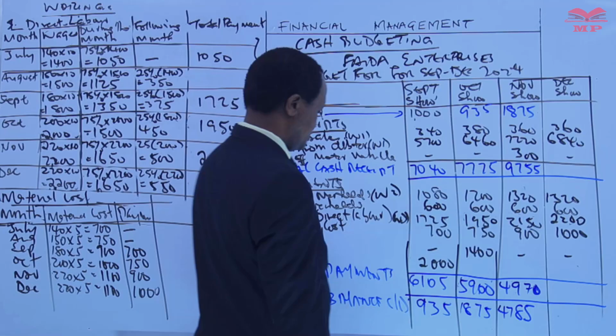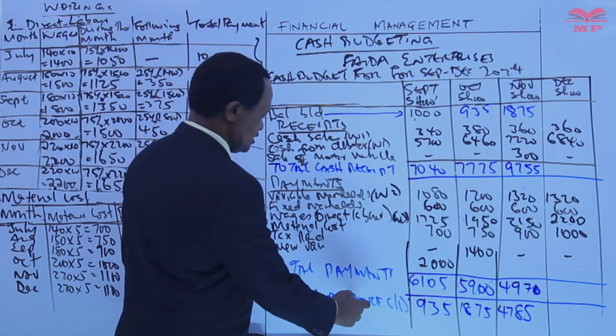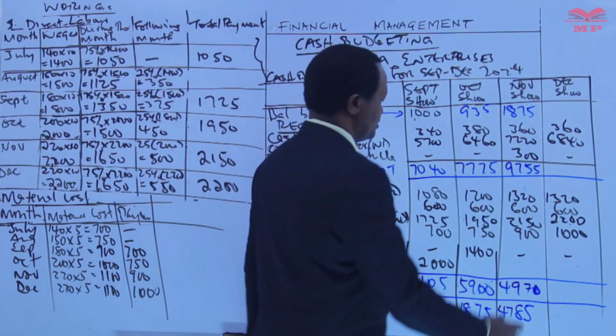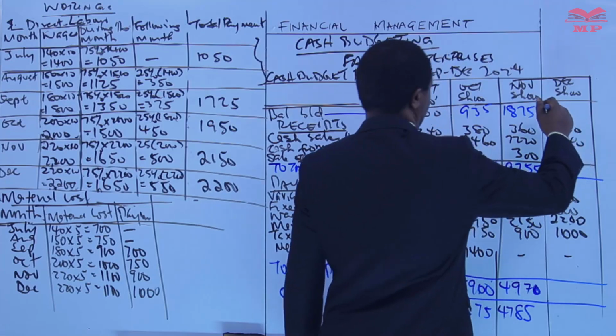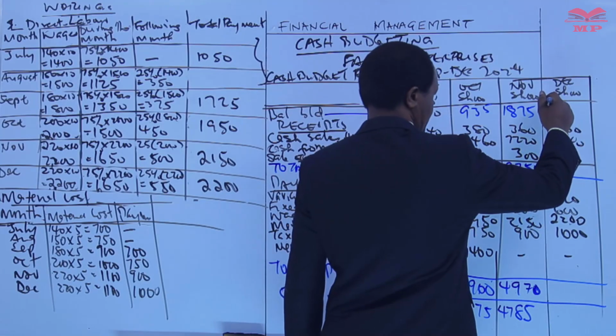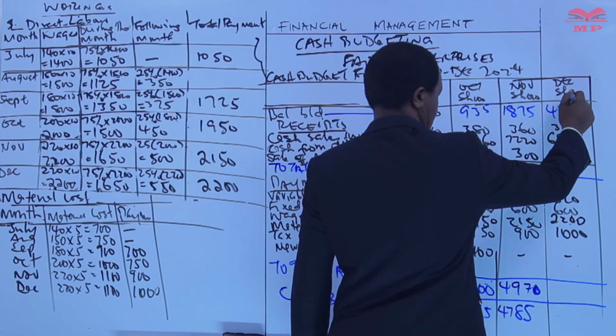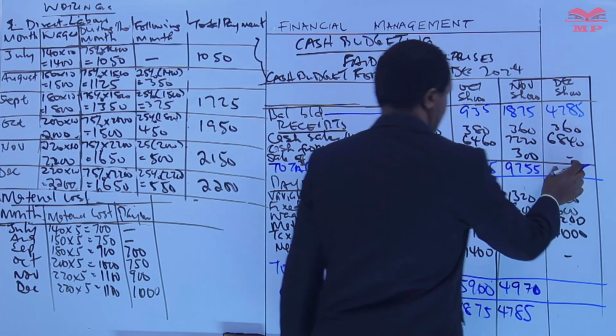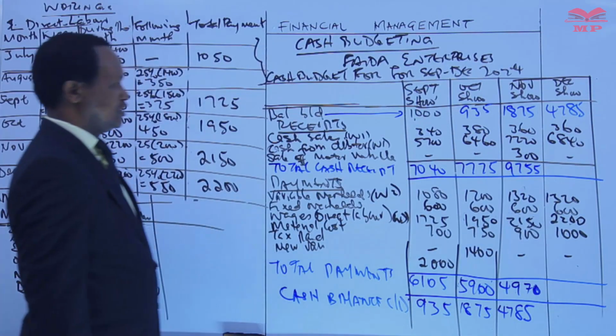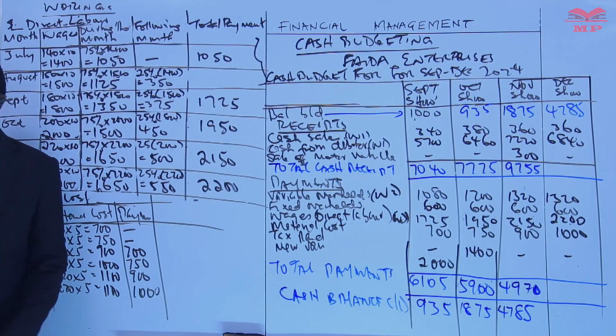47.85 the balance. Cash balance at the end becomes the cash balance at the beginning of December, 47.85. Give me the total cash receipts December.